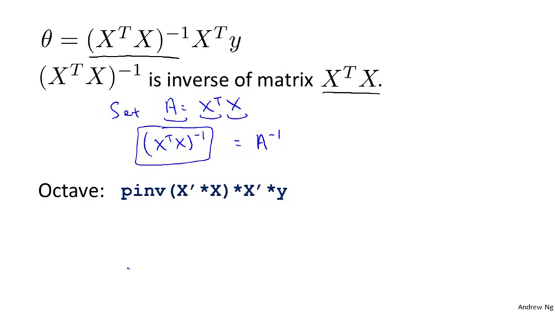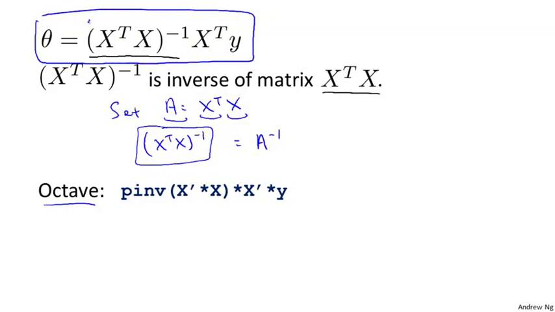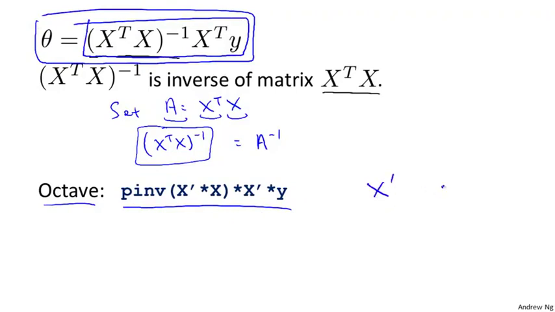We haven't yet talked about Octave. We'll do so in a later set of videos, but in the Octave programming language, or similarly the MATLAB programming language, which is very similar, the command to compute this quantity, X transpose X inverse times X transpose Y, is as follows. In Octave, X prime is the notation that you use to denote X transpose.